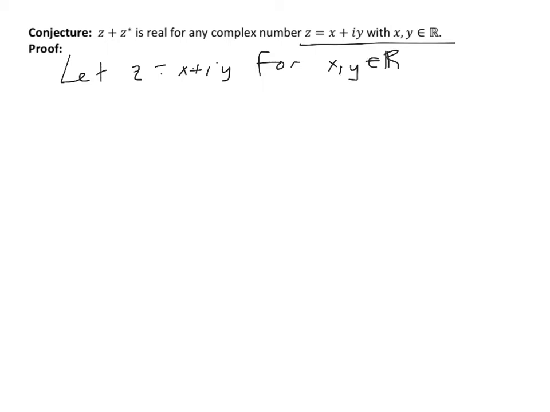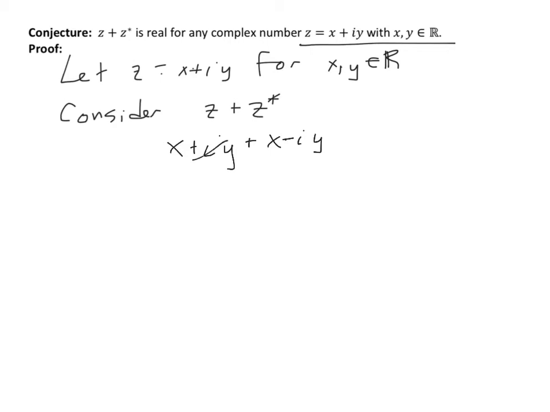Okay, we're now going to consider, and you can even use the word consider, z plus z star. The word consider, by the way, isn't super important. It's just a nice way to introduce what's happening next. So consider z plus z star. This would be x plus iy plus x minus iy.